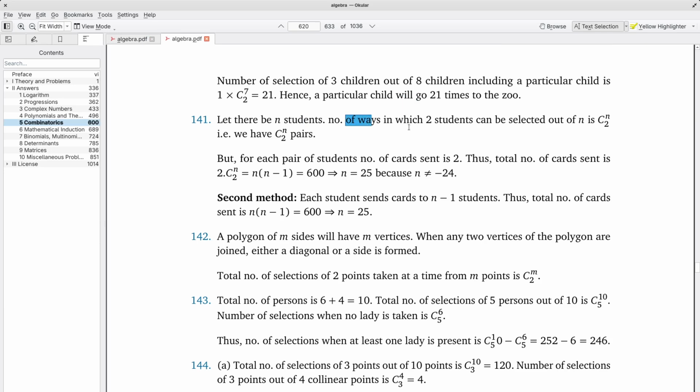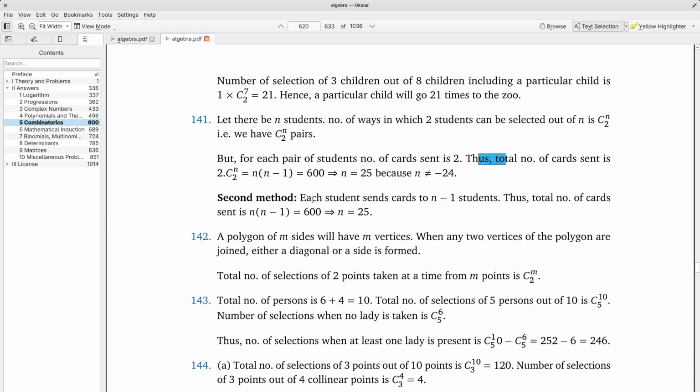The number of ways in which 2 students can be selected out of n is nC2, so we have nC2 pairs. But for each pair of students, the number of cards sent is 2, because both will send to each other. The total number of cards sent is 2 multiplied by nC2, that is n into n minus 1, which is equal to 600. So n is equal to 25, because n is not equal to minus 24.